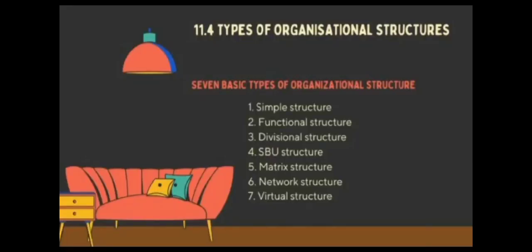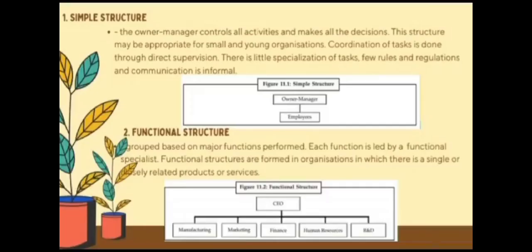Types of organizational structures. There are 7 basic types of organizational structure: simple structure, functional structure, divisional structure, SBU structure, matrix structure, network structure, and virtual structure. One is simple structure. The owner-manager controls all activities and makes all the decisions.